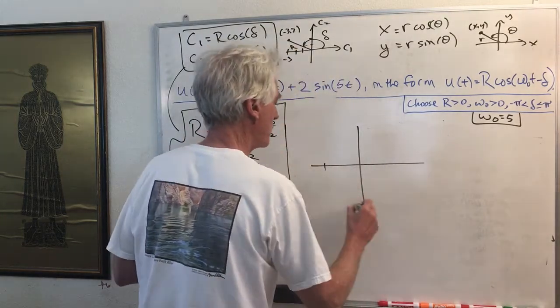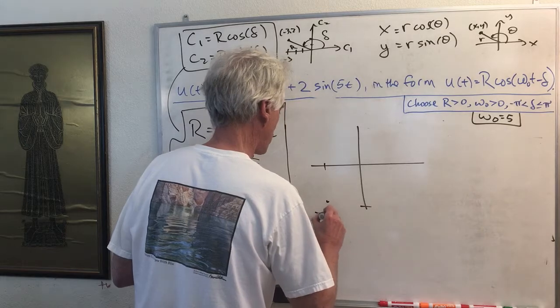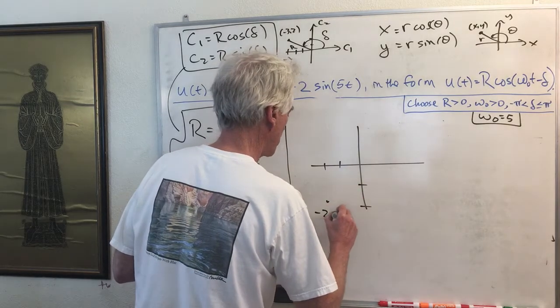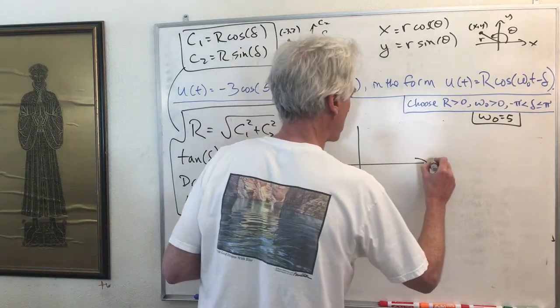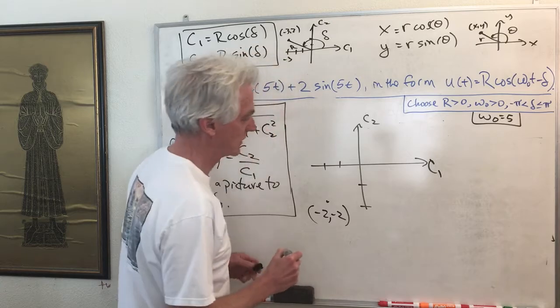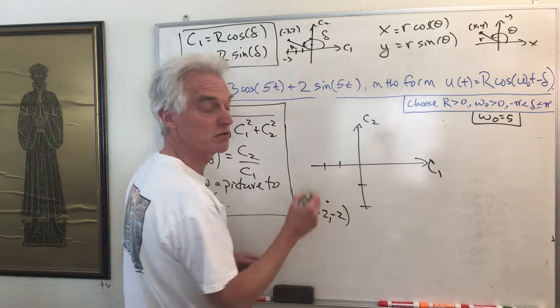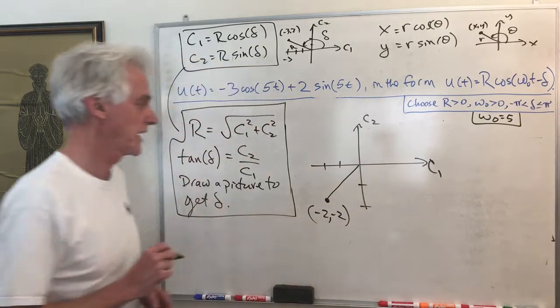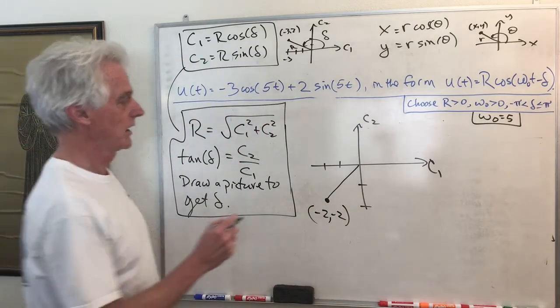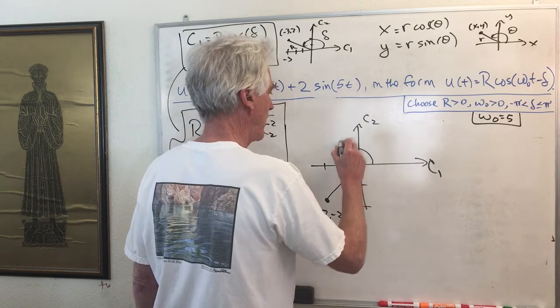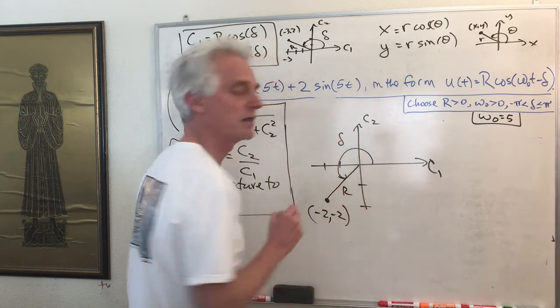Let's suppose I'm over here. Negative 2, negative 2. Okay, so C1 is negative 2, C2 is negative 2, I'm down here. Again, I just need to find R, and here's R, here's delta.